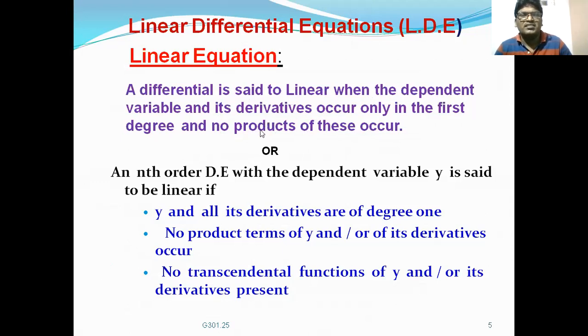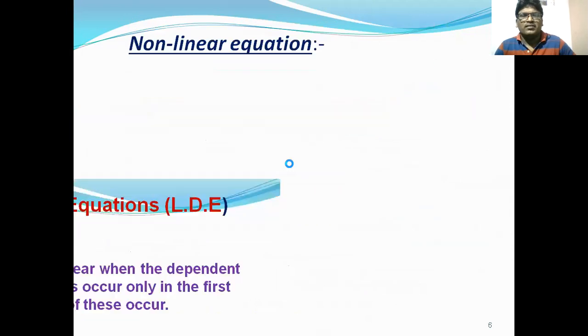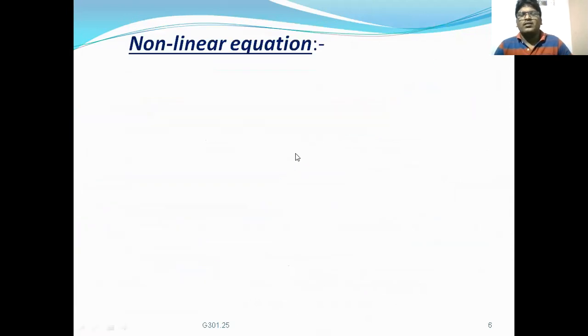These conditions must be satisfied, then the equation is called a linear differential equation. Now we will discuss the non-linear differential equation. What is a non-linear equation? A differential equation is said to be non-linear if it is not linear.